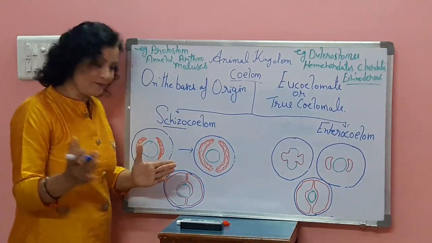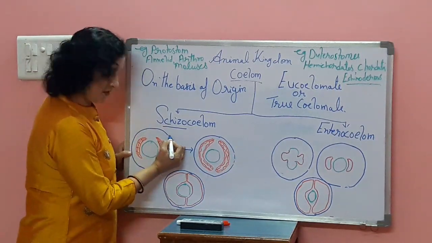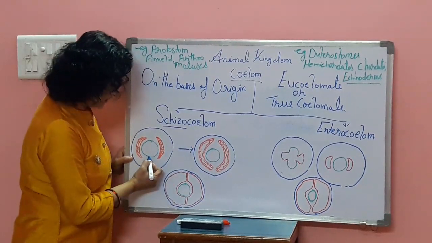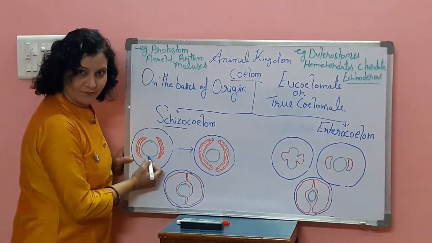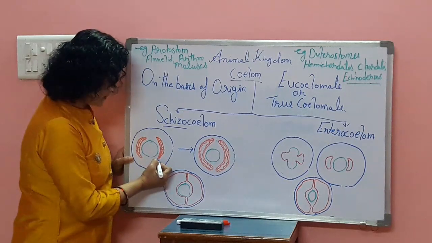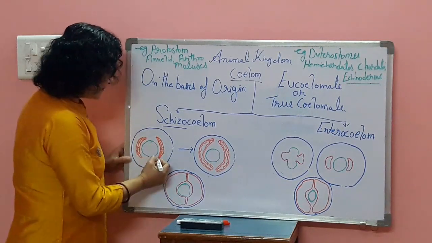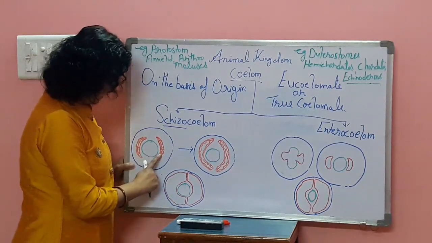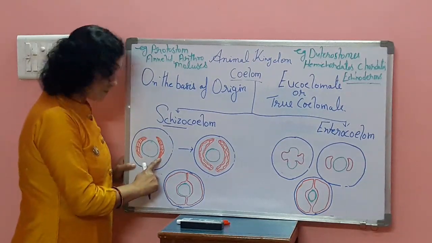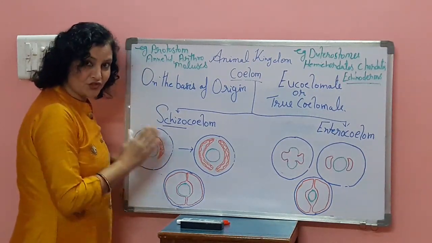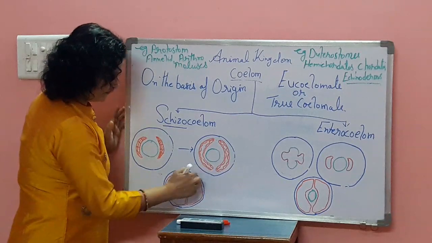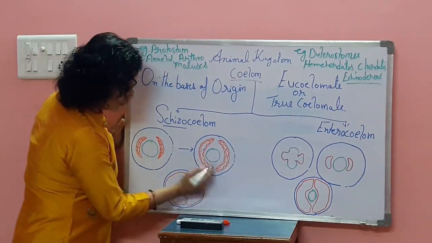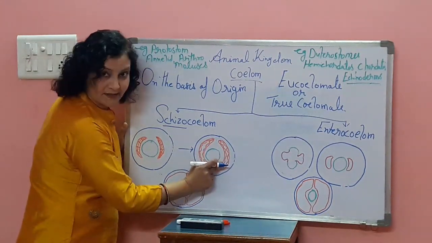How is it split? When ectoderm makes the body wall and endoderm forms the gut, mesoderm is present in the embryo as a mass or sheet of cells like this. This mass of cells splits into two parts like this. It splits in between and makes two layers.